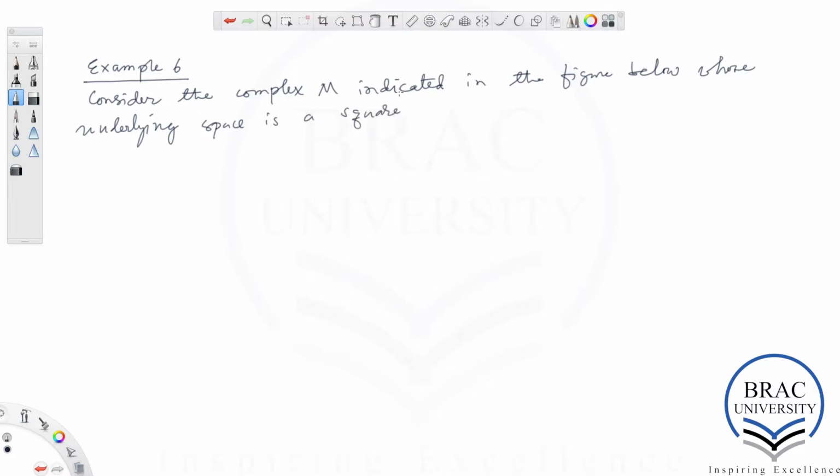Hence it is a two-dimensional complex. So let me draw this complex M.